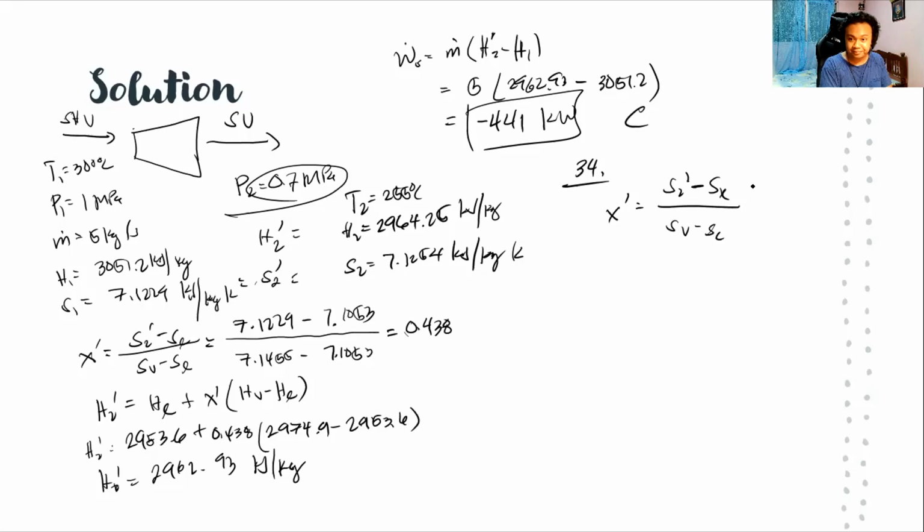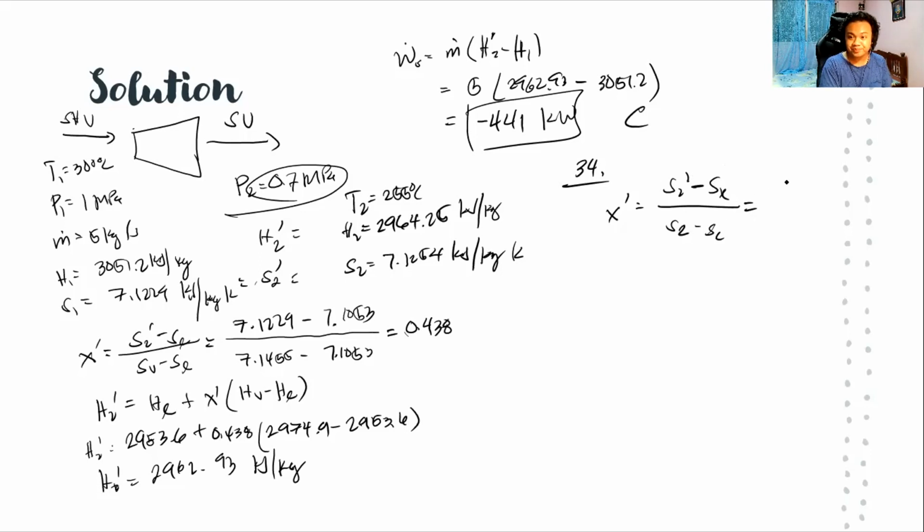This SL is actually equal to the S2 that we got. Oh no, this is actually the same. SB. Oh no, this is S2 now. So this is S2 prime and then S2.